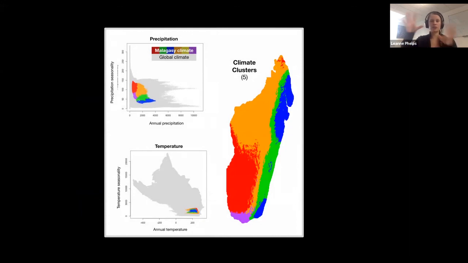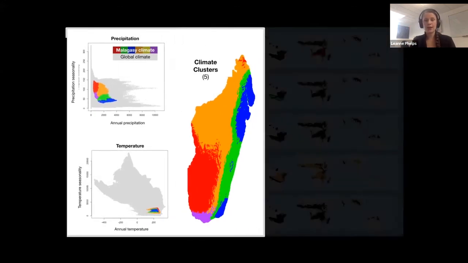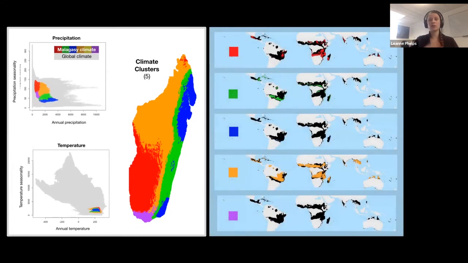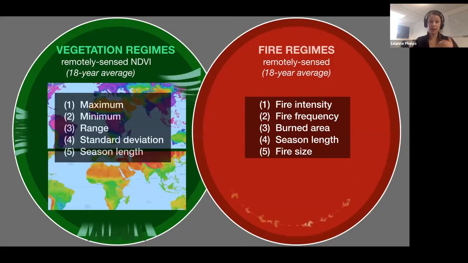I'm basically just trying to characterize Madagascar's climate, clustering it into these different regions. And then something we can do is project that to similar climatic spaces across the globe. And then we can make comparisons between these similar climate spaces to see what the similarities and differences are between vegetation and fire regimes.